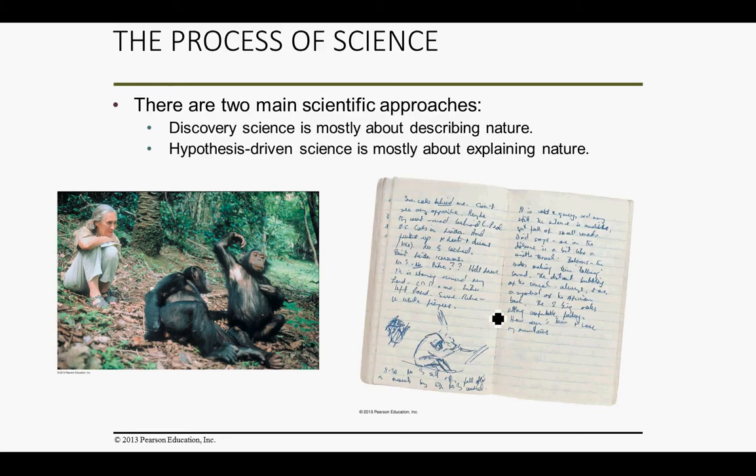The next topic that we looked at in Unit 1 is the process of science and the idea that there are two main approaches in science. The first one being discovery science. The example that I give here is Jane Goodall and her research on the nature of chimpanzees.